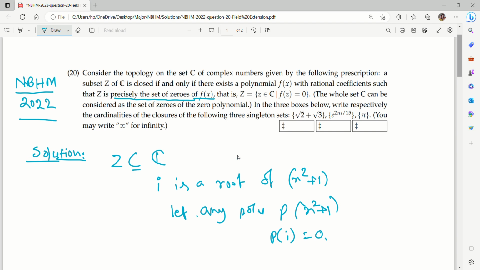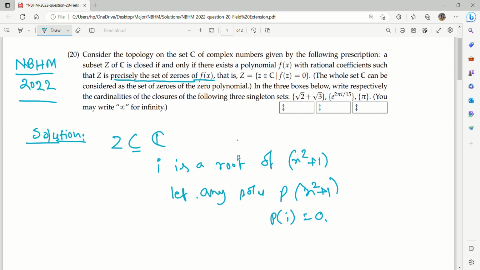But we know that the closure of a set is nothing but the smallest closed set containing it.